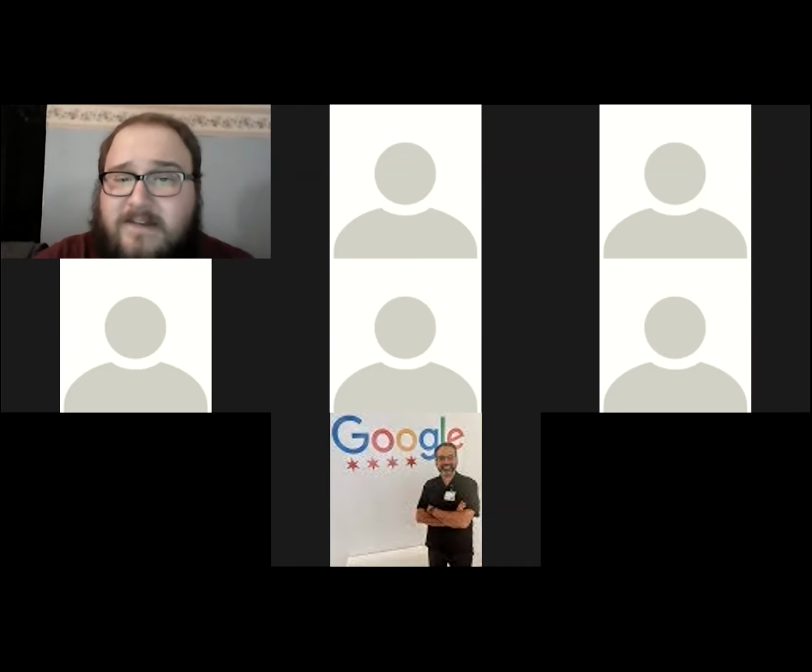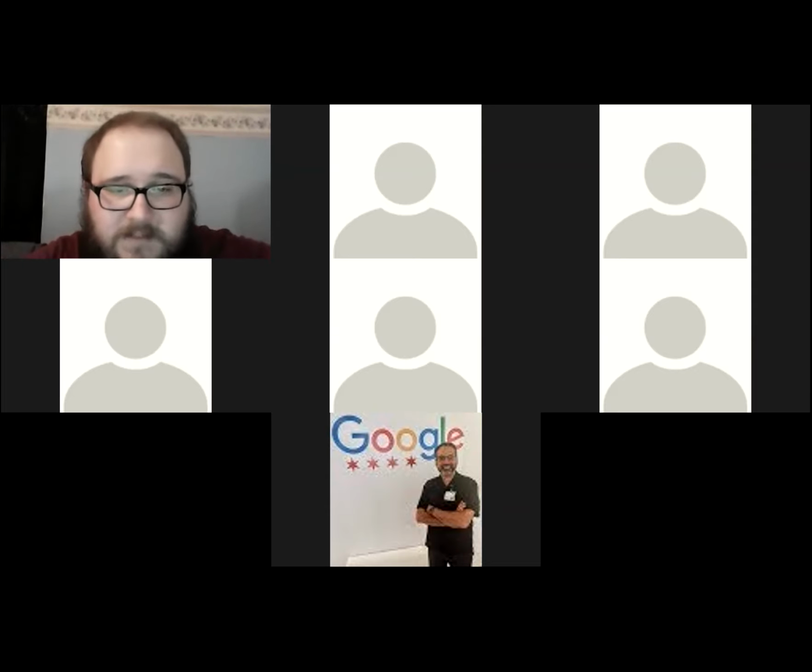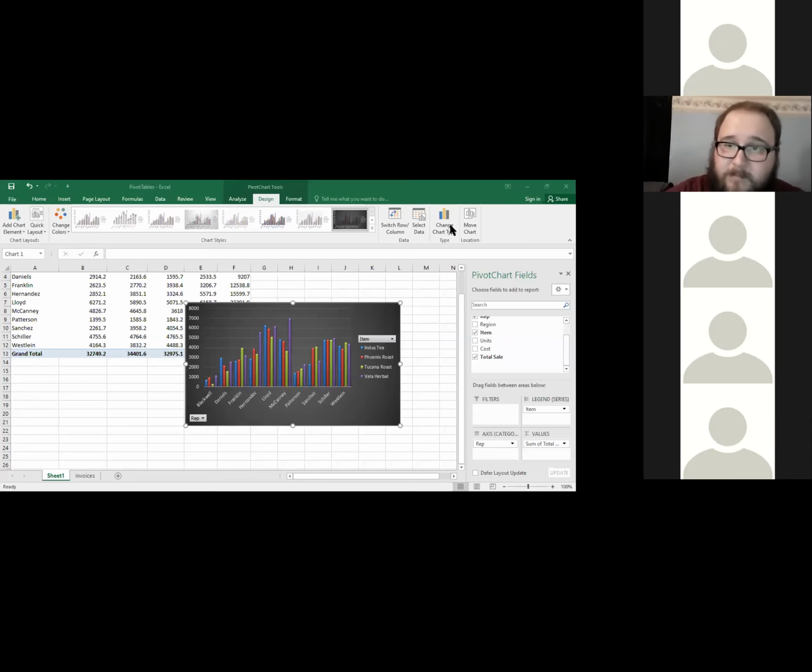Now, we have a basic design here, but even more important than the design, oh, let me screen share again. There we go. So even more important than the design that we're talking about, so I just have it on this sort of basic design here, you have a button up at the top in the design section called Change Chart Type.